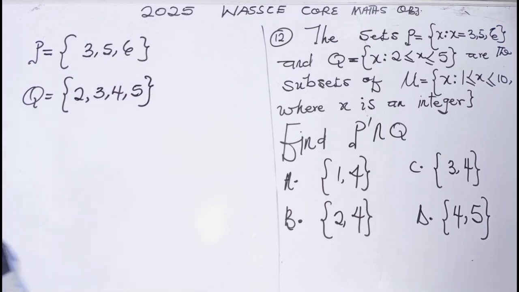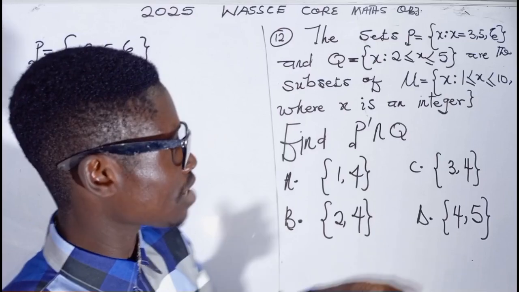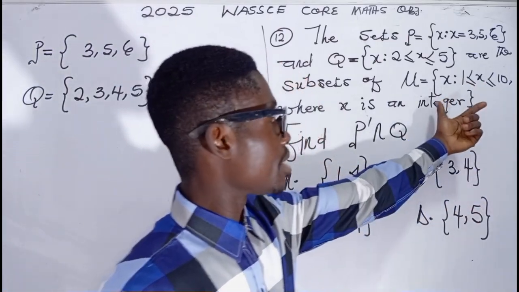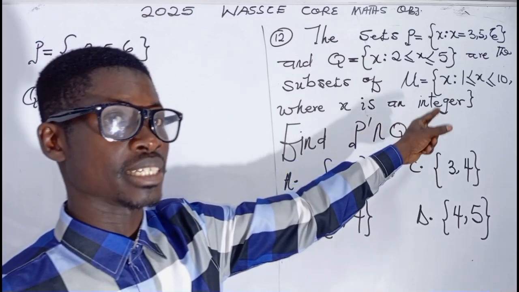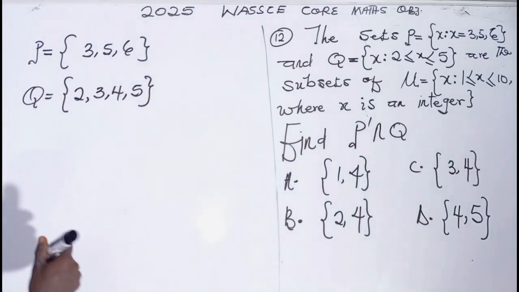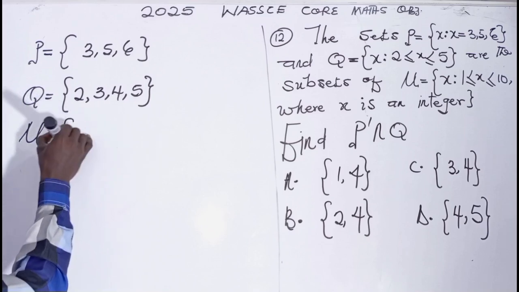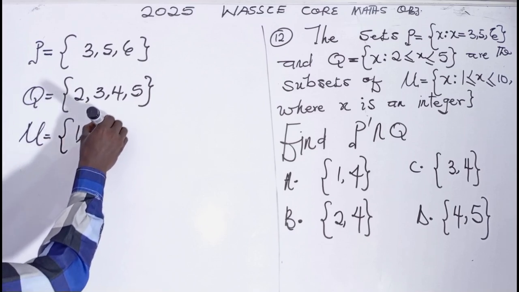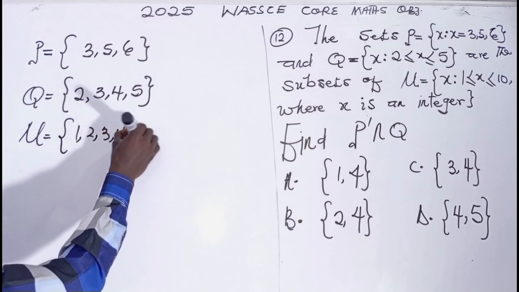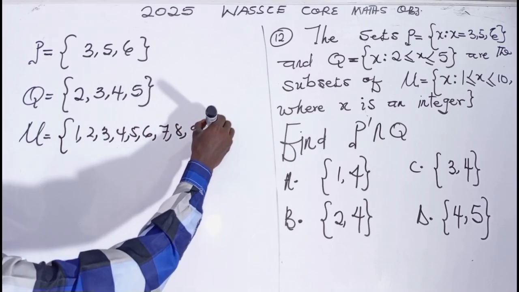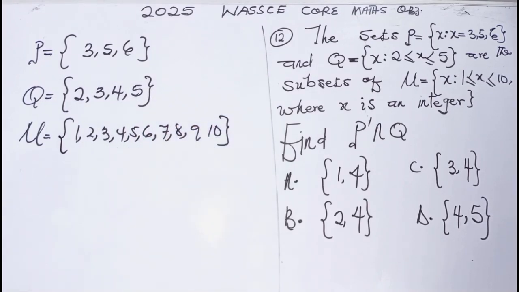Then we move on to the universal set. We start from 1 and end at 10, and these elements must be integers. So we have 1, 2, 3, 4, and so on.